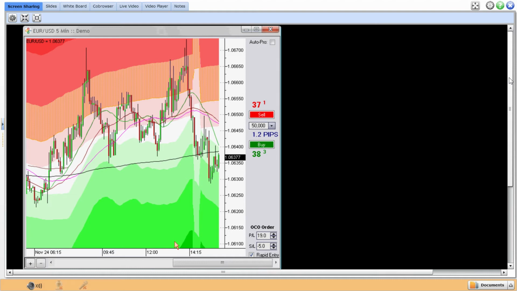If we're going to risk 7 points, we're looking to get out with 14. That way, if you're only winning half the time, you're still able to make some money. The idea is to win a lot more than 50% of the time and still have a good risk reward.